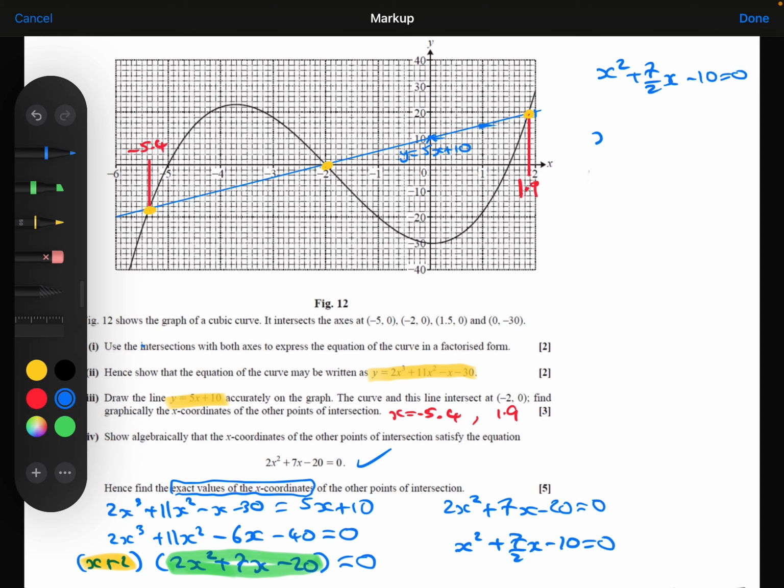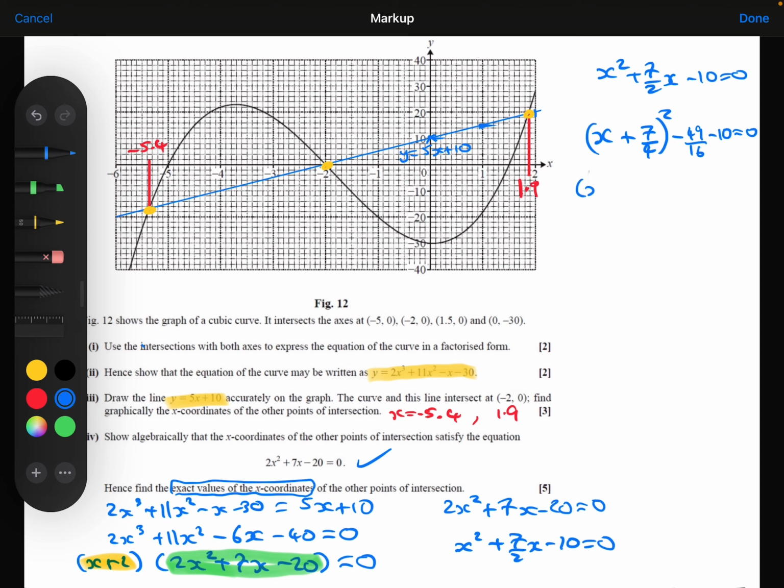Right, let's complete the square then. So we're going to half the 7 over 2 and get 7 over 4. We'll take away the 7 over 4 squared, which is 49 over 16. And we've still got the minus 10 there.